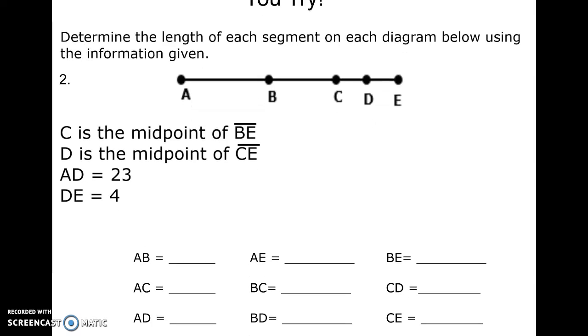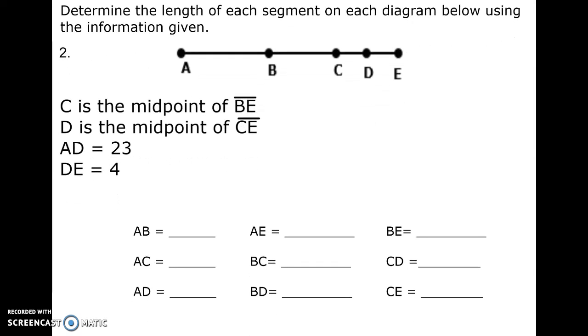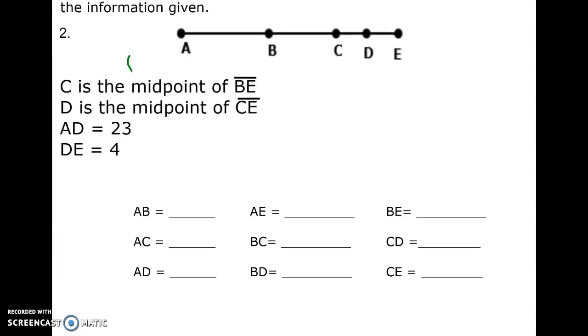So you're going to try this one: determine the length of each segment. I'm going to go through these steps with you so you know what all those things are. C is the midpoint of BE, so that means that BC is congruent to CE. So this part is congruent to this part. AD is 23, so this is 23.